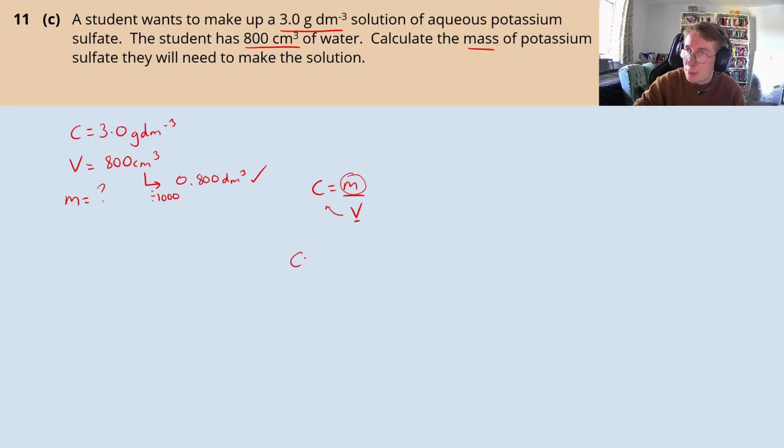So concentration times volume will give me my mass. My concentration is 3.0, my volume is 0.800, and if I do that multiplication, I will get an answer of 2.4 grams of potassium sulfate needed. And there is your second mark for that question.